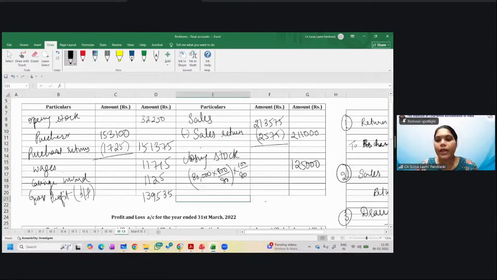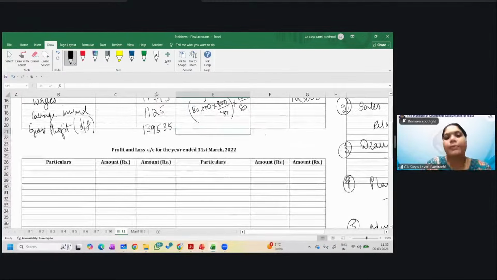Is that correct? Just calculate. I got only 2-3 people answering this. Okay, this is right. I'm moving on to the P&L statement, wherein you have to bring it here by gross profit 139535.